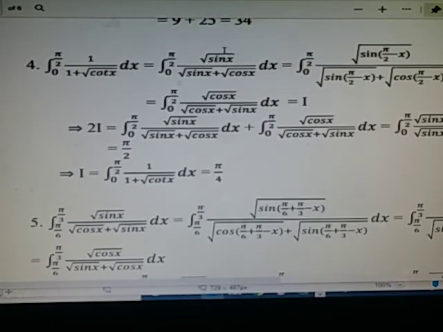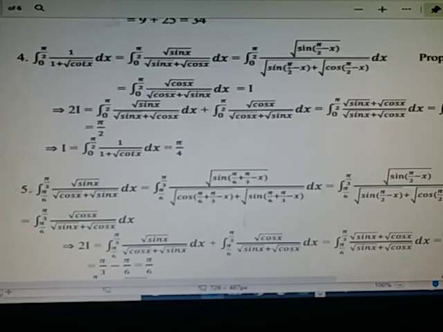Then we are applying property 4. So in property 4, a plus b, so 0 plus pi by 2 minus x, it is pi by 2 minus x. Using property 4, cos of pi by 2 minus x becomes sin x, and this is cos x.